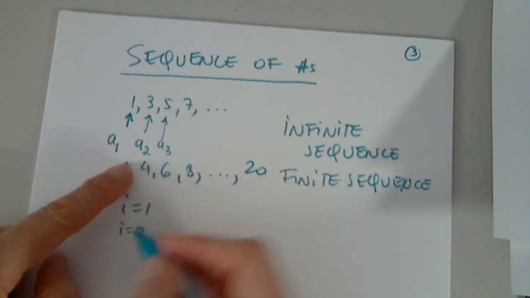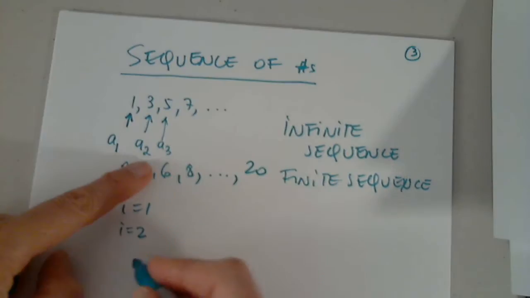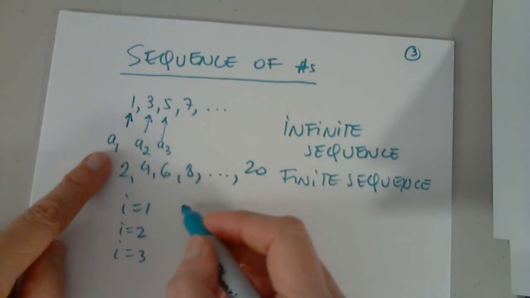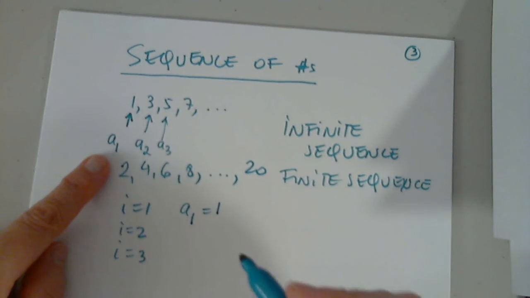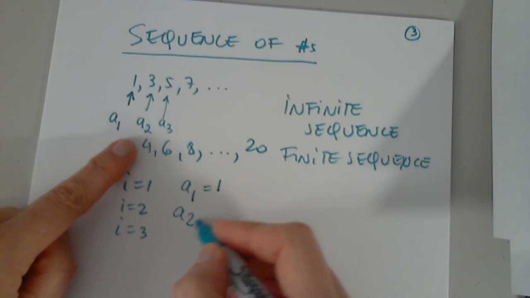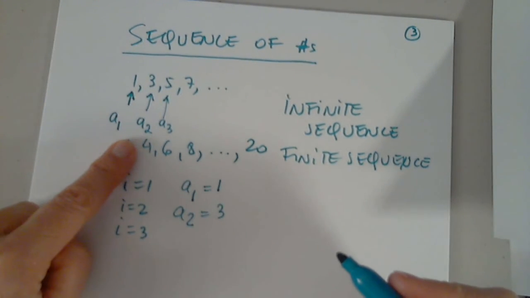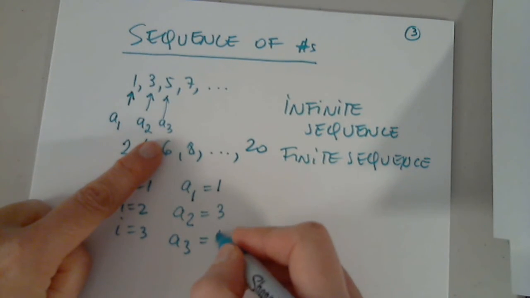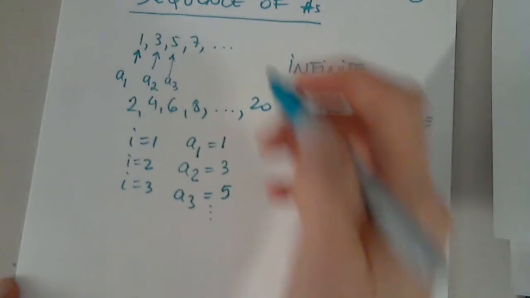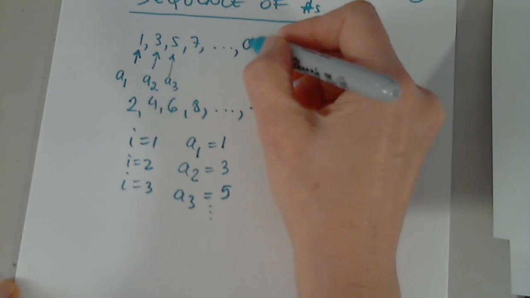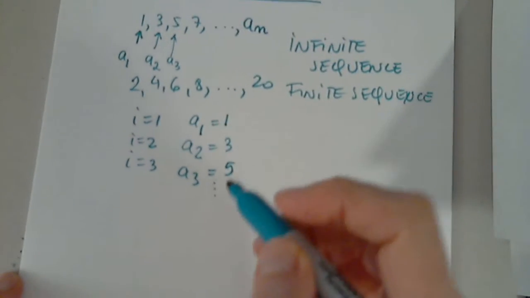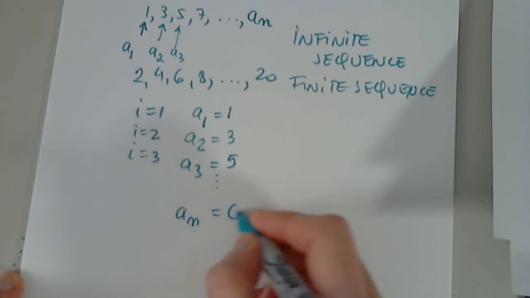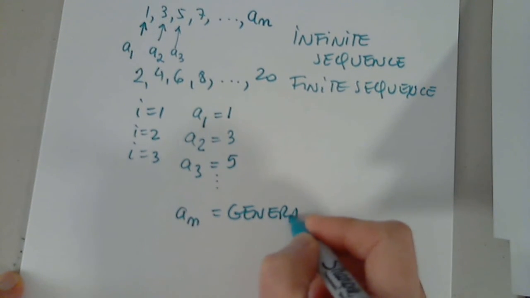When i equals 2, I get 3. When i equals 3, I get 5. So a sub 1 equals 1, the first term of the sequence. A sub 2 is 3, the second term. A sub 3 is 5, and so on. And of course, I can also create the so-called general term, a sub n.